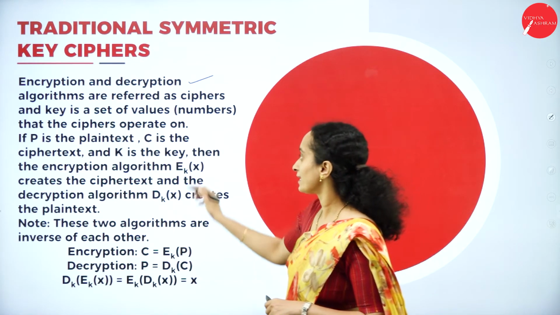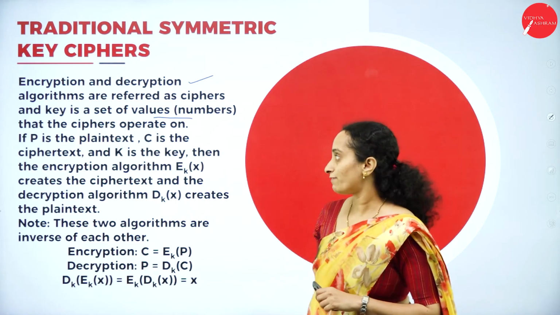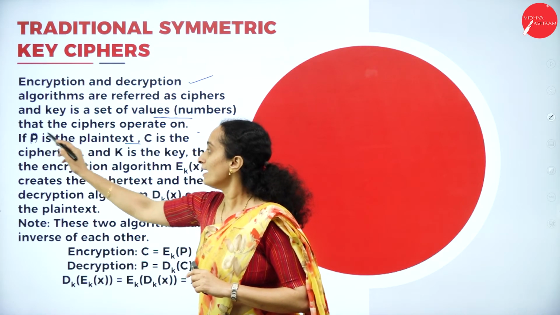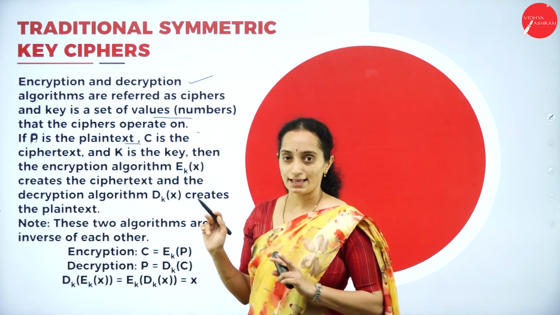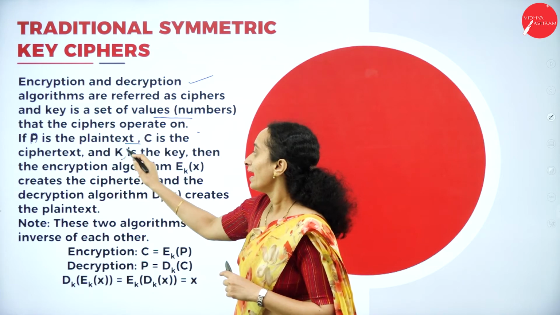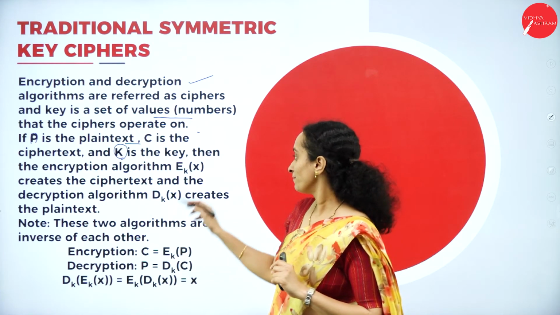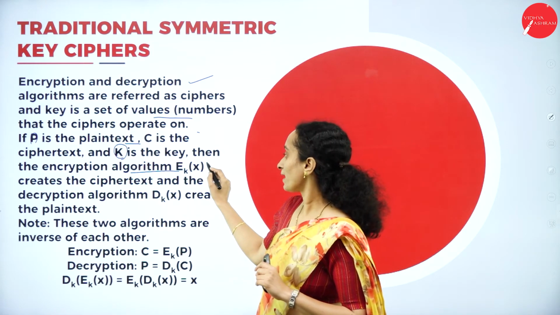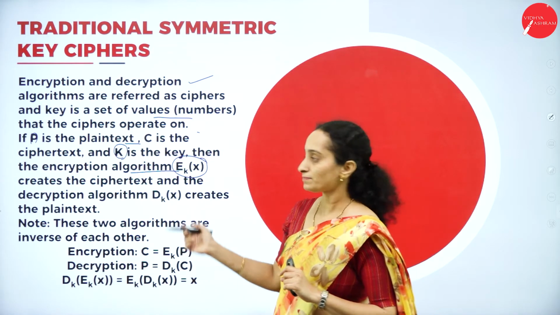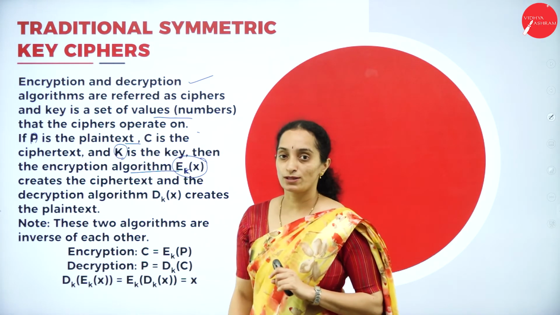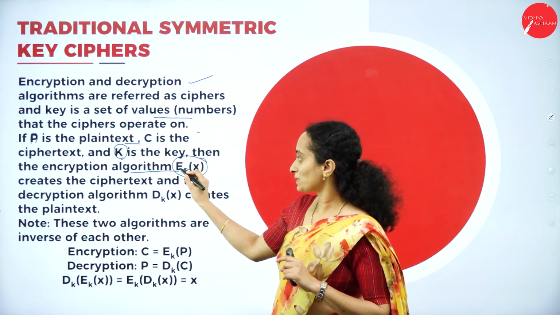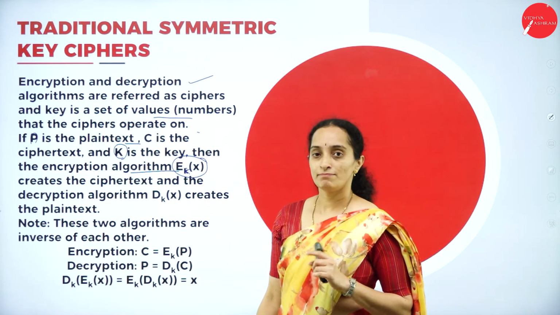If you look at the procedure, the ciphers and the key are used as a set of values to operate on the original message. Consider P as the plain text, C as the cipher text and K as the key. Then the encryption algorithm can be represented as E of x to the base k, using the key k, where E is the encryption algorithm and x is the message.